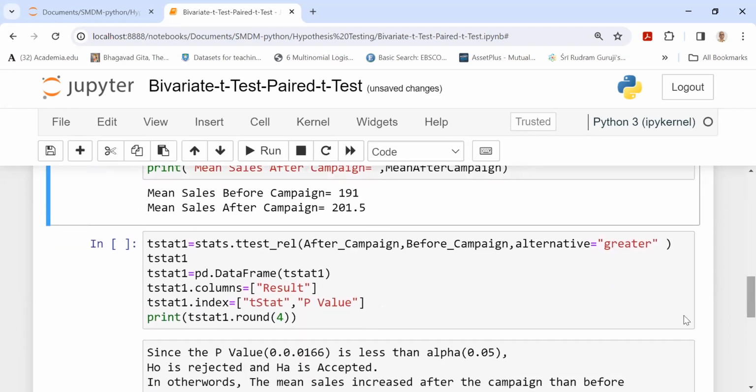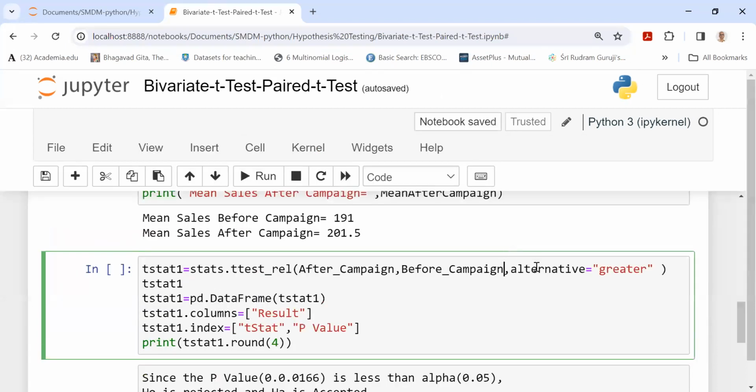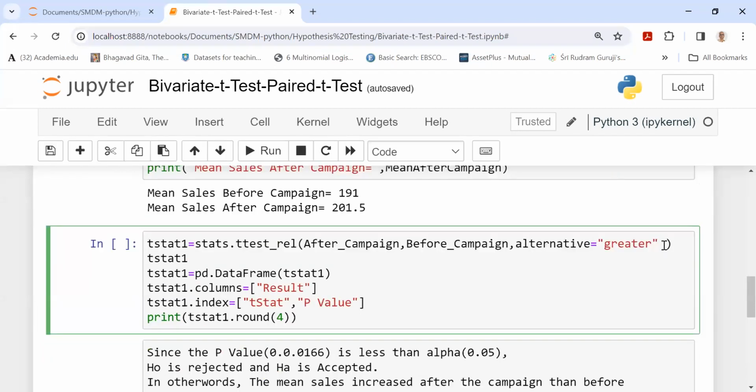Now we come to the execution of the t-stat, tstat1, stats.ttest_rel, REL for related population, we'll have to mention. After_campaign, comma, before_campaign, and we say alternative is equal to greater, because by default Python will do the two-tail test, and we need the single tail, right tail test, so alternative greater you'll have to put.